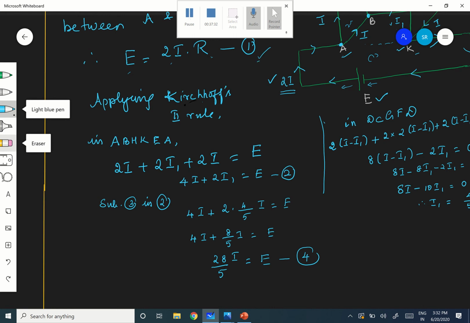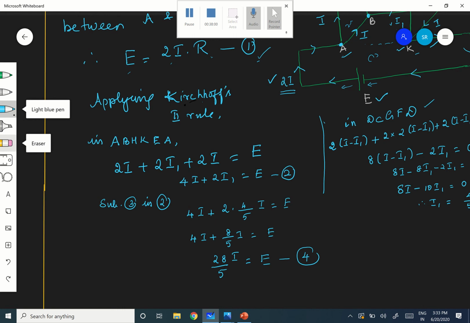Then you apply the Kirchhoff second rule in A, B, H, K, E, A, then the upper one, D, C, G, F, D. So you are getting I1, and when you substitute it in equation number 3, you are getting 28 by 5 into I is equal to E.